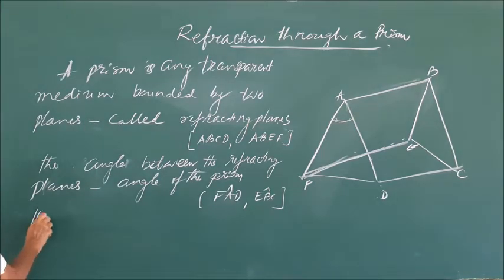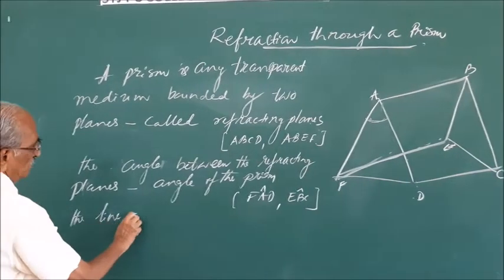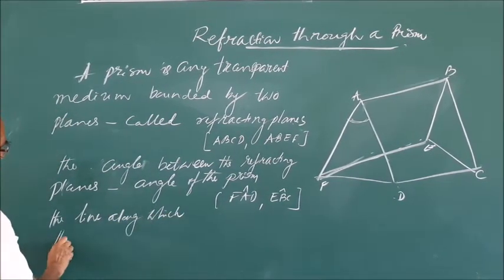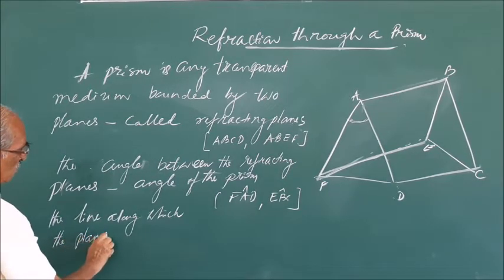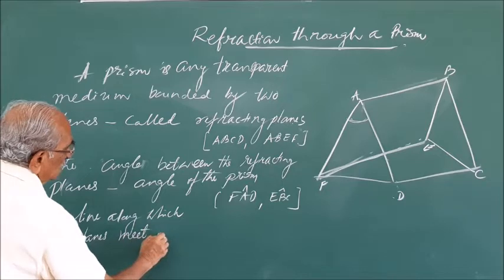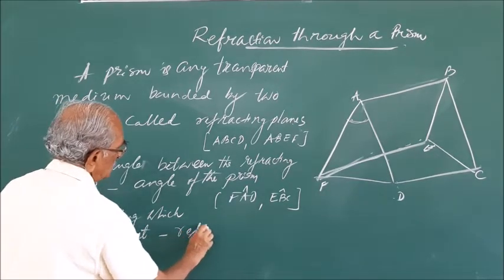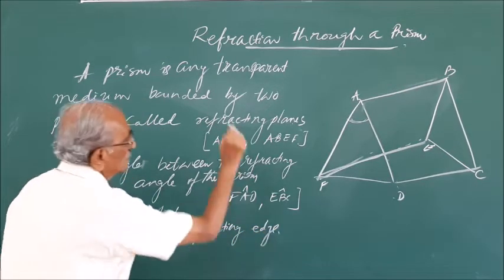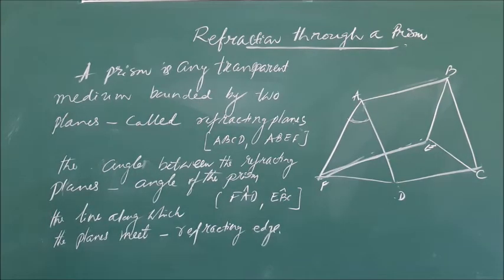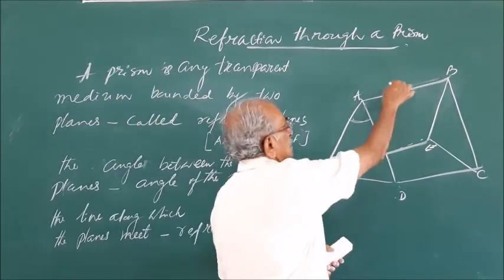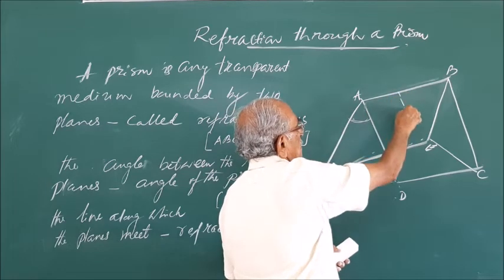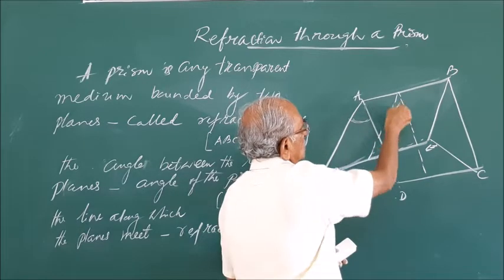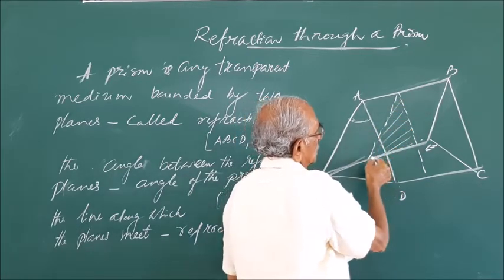The line along which the planes meet is called the refracting edge. Now, let us suppose I have a plane like this, which is perpendicular to the refracting edge. This is called the principal section.